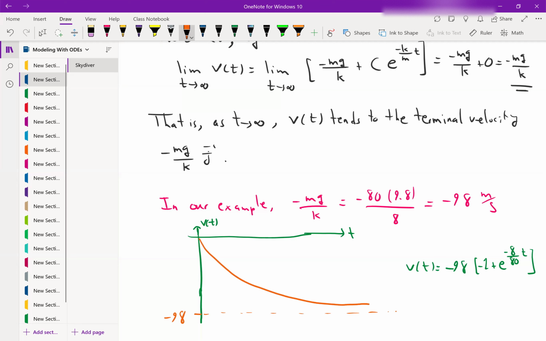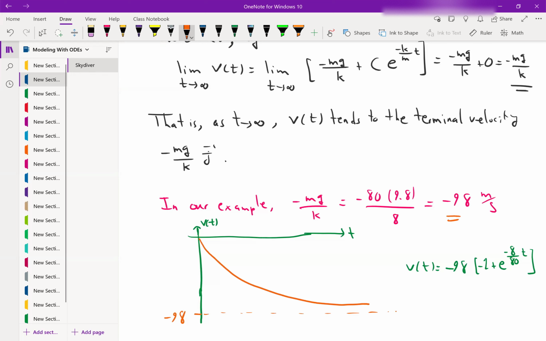So this negative 98 is our terminal velocity. This is an interesting situation. So when you consider air resistance, there will be a terminal velocity. Of course, without air resistance, the velocity would increase indefinitely. There will be no terminal velocity. We also notice that after 30 seconds, as a matter of fact, we are very close to this terminal velocity.